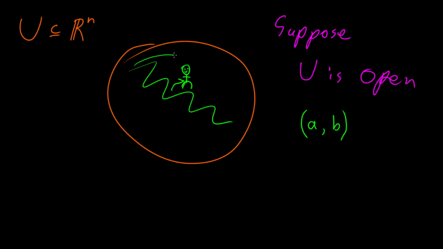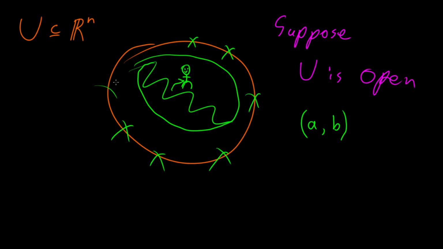But if only the yard belonged to you and the fence did not belong to you, then this would be open. So if the set owns the rubber of the balloon, if it owns the fence, then it would be closed. And if it does not own the fence, then it would be open.